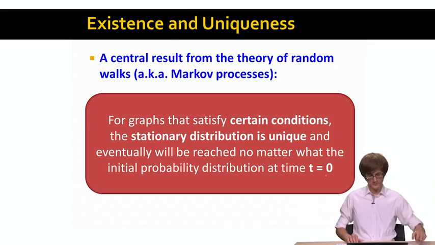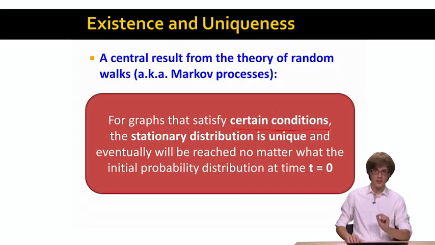So what does this mean? There are certain conditions on the structure of our graph and matrix M, and if M satisfies them, then the stationary distribution is unique, which means there is only one PageRank vector r, and it will be achieved regardless of how we initialize it. This means our power iteration will always converge to the same vector regardless of how we initialize it.